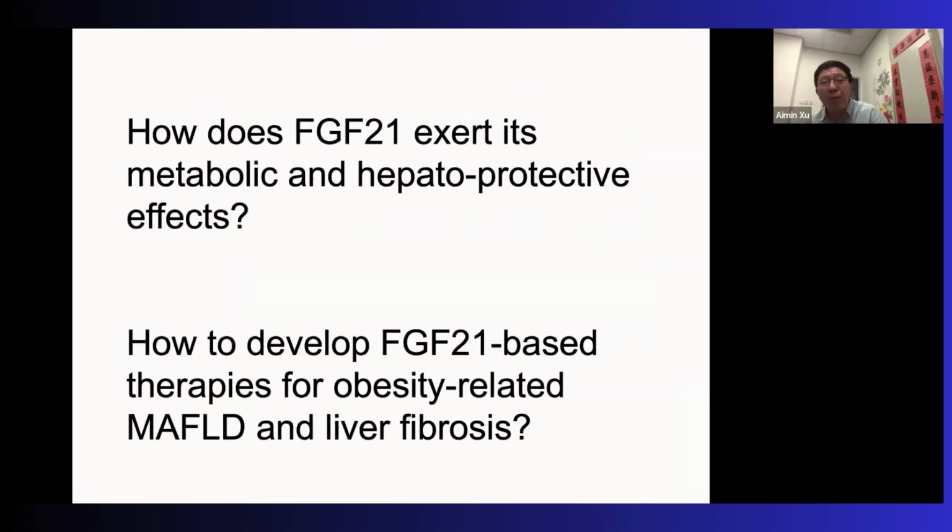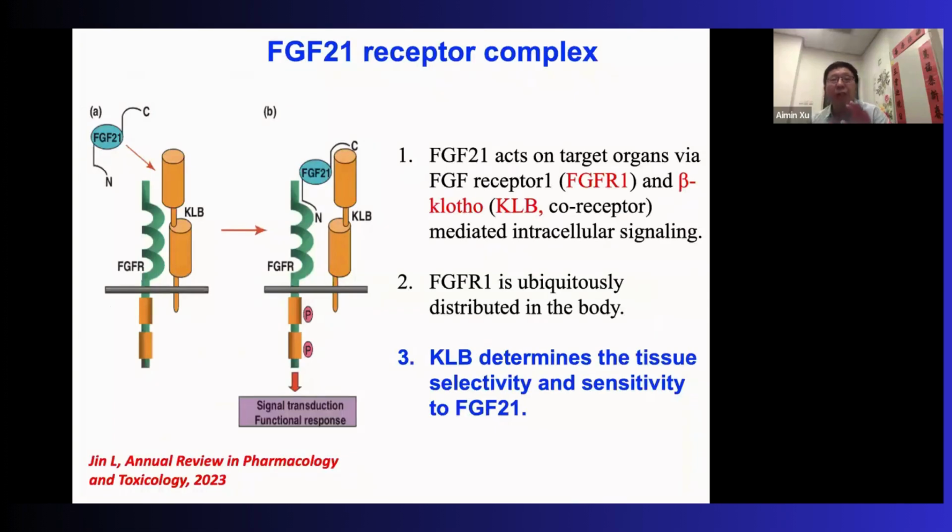So we have been working on how FGF21 exerts its metabolic and hepatoprotective effects, and how to develop FGF21-based therapies for obesity-related MAFLD and liver fibrosis. As I mentioned earlier, FGF21 acts on targets through binding to a receptor complex, including the classical FGF receptor 1, FGFR1.